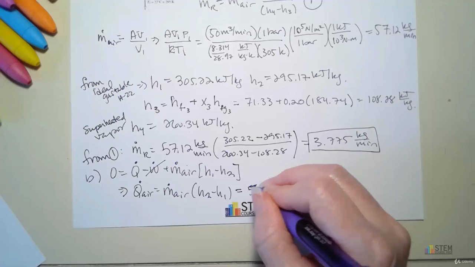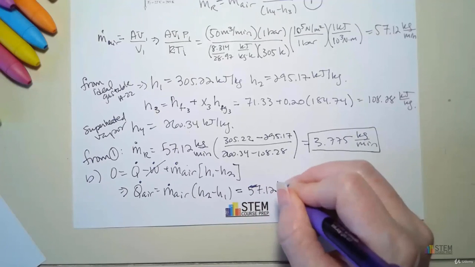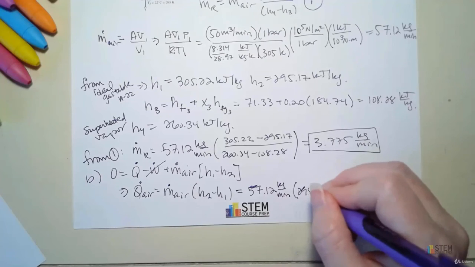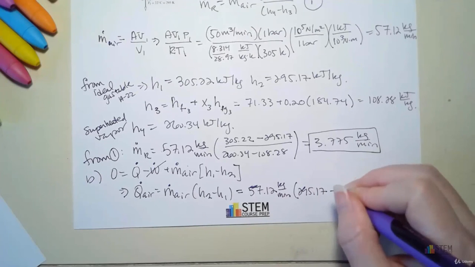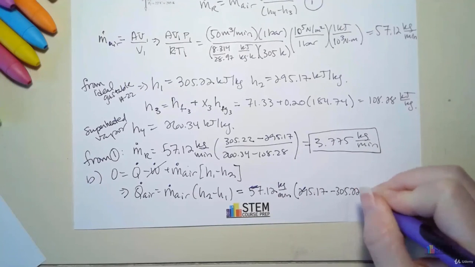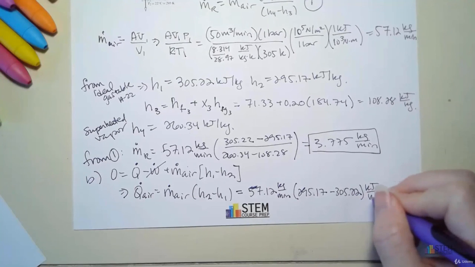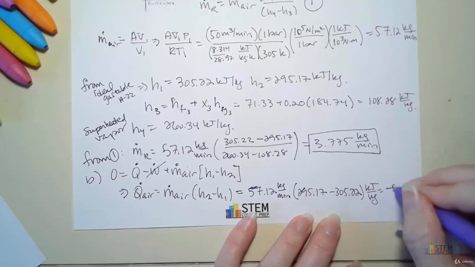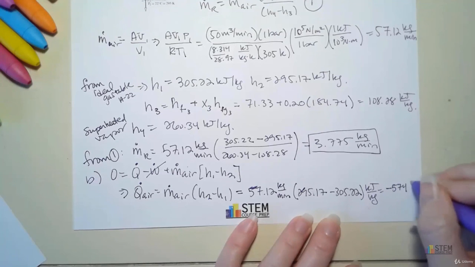Plug in our numbers. We get 57.12 kilograms per minute times 295.17 minus 305.22. And that's kilojoules per kilogram. That gives us negative 574 kilojoules per minute.